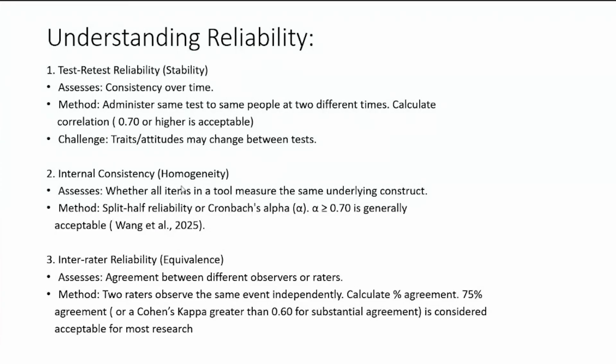If you see that the Cronbach alpha is like 0.7 or greater than 0.7, and the content, that's where we are going to discuss the content when we talk of validity, is very, very similar to what you want to research on, then you can adopt or adapt that kind of instrument.